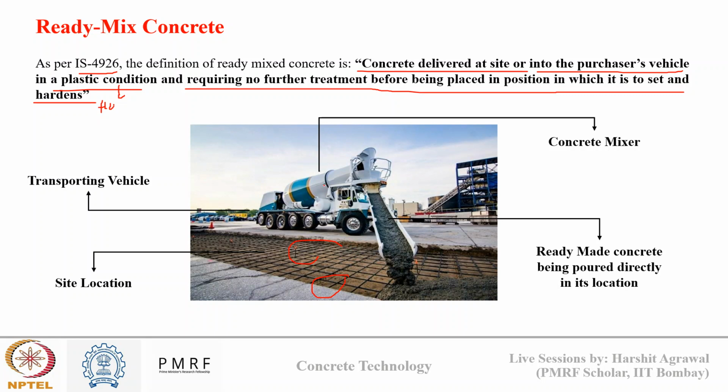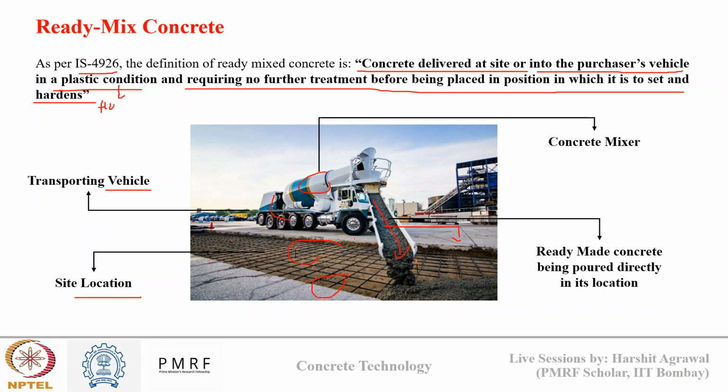There is a transportation vehicle, over which there is a concrete mixer attached, which is delivering ready mix concrete in a plastic state. That is, before setting, this concrete needs to be delivered so that it can be poured directly into the required location. So we have a transporting vehicle, we have a site location. This is a concrete mixer, and this is my ready mix concrete, which is poured into the site location.